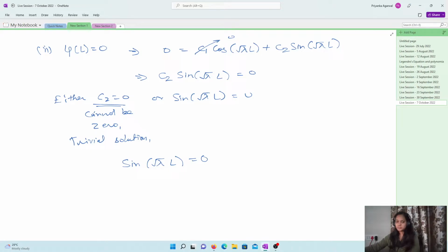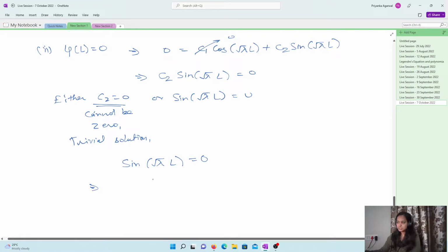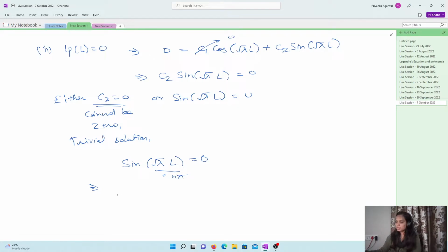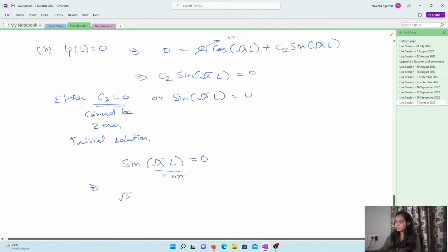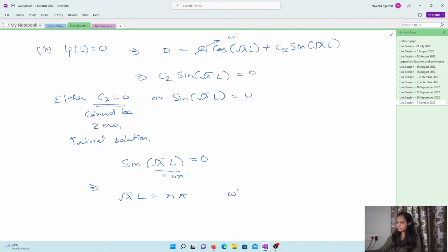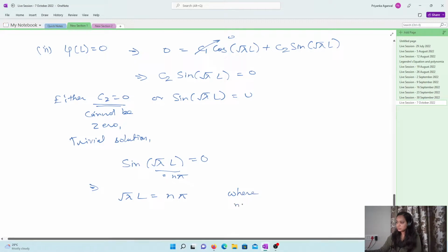Now when is sine of anything 0? When the argument equals n pi. So we have root lambda L equals n pi, where n equals 1, 2, 3 and so on.